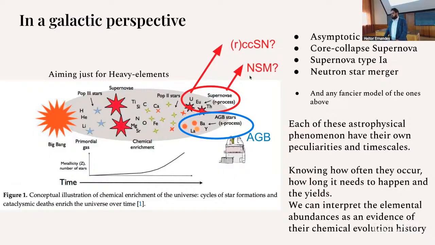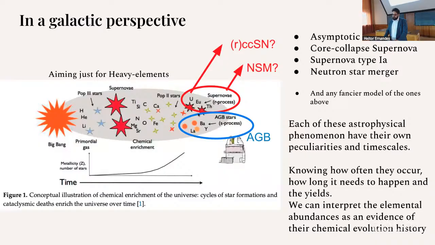We can have neutron star mergers, and then we can have some core-collapse supernovae that can produce those r-process elements, what some call the r-process core-collapse supernova. Or any fancier model, for example, we have spinning stars, collapsing stars, all sorts of things.